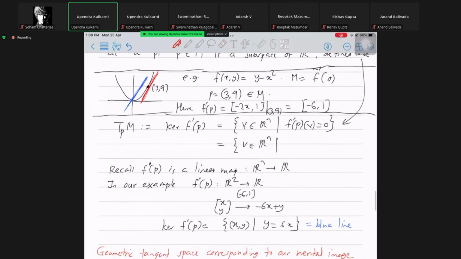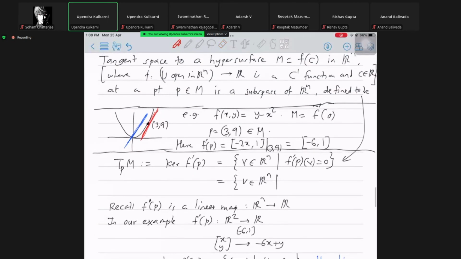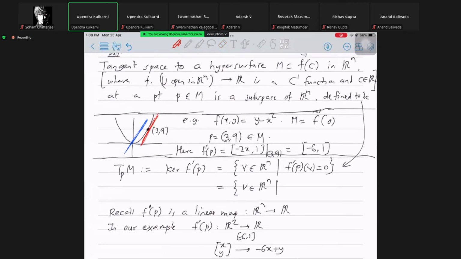Okay, so is that clear? So what do I do? This point, which is the origin, is over here. I simply add the point P as a vector to everything on that red line, and it will simply shift.